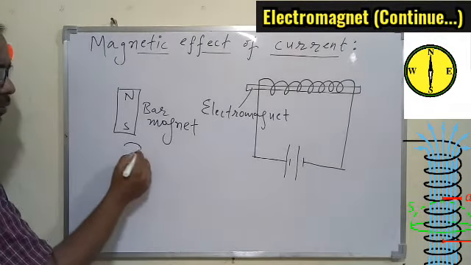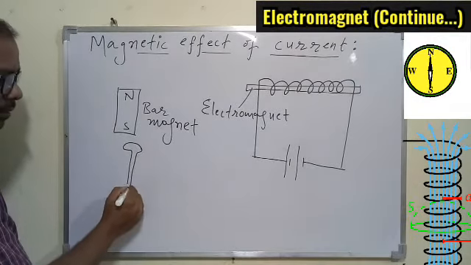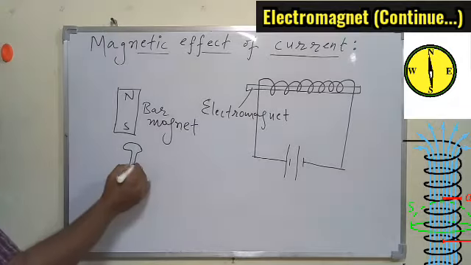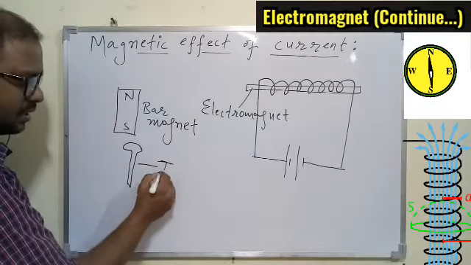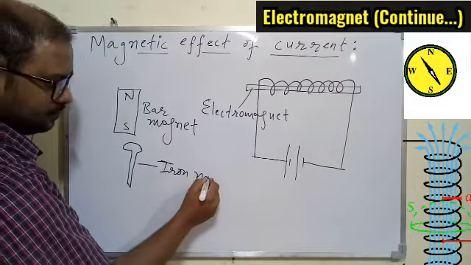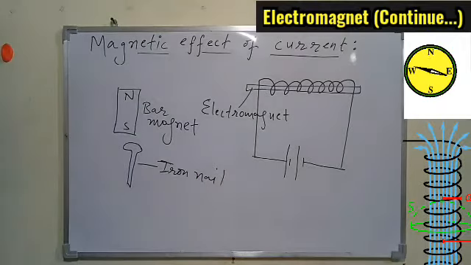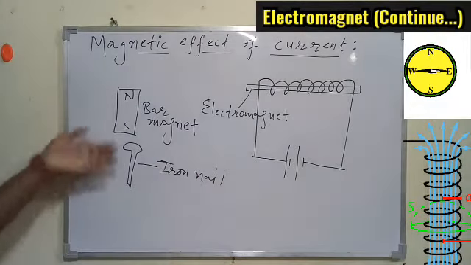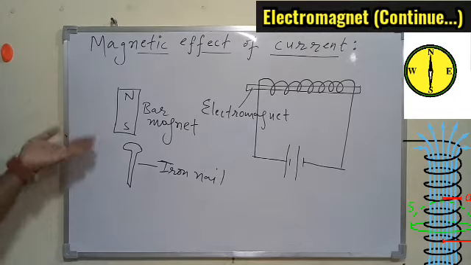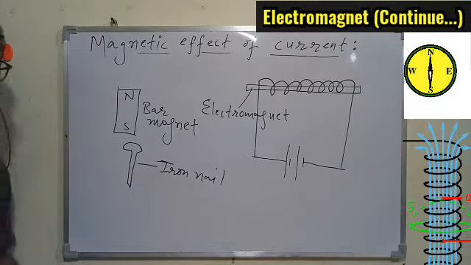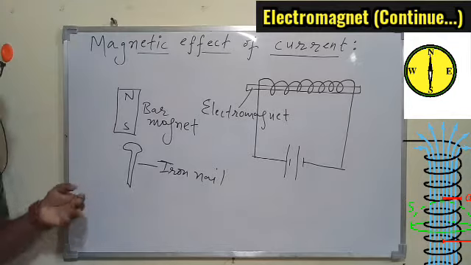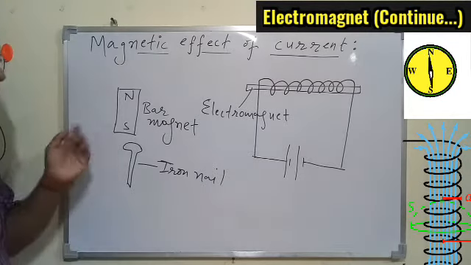If you place any magnetic material, just take an example, an iron nail, nearby this magnet, what happens? This iron nail will be attracted. So why it happens, you should know very first, why any magnetic material gets attracted by a magnet.